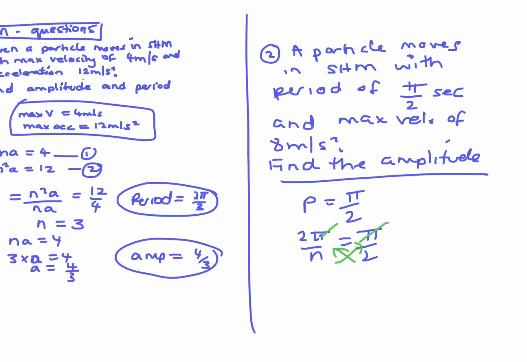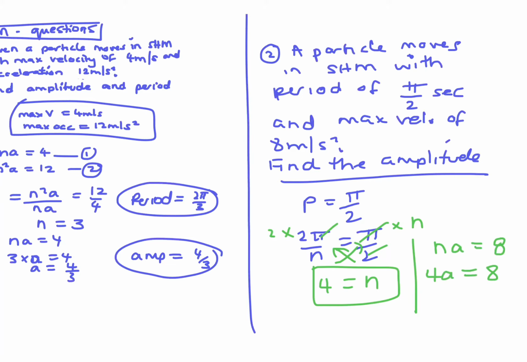When you cross multiply, you get 4 equals n, because 2 times 2 is 4. And then nA equals 8, so that means 4A equals 8. If you divide both sides by 4, A equals 2, so that means your amplitude is 2.